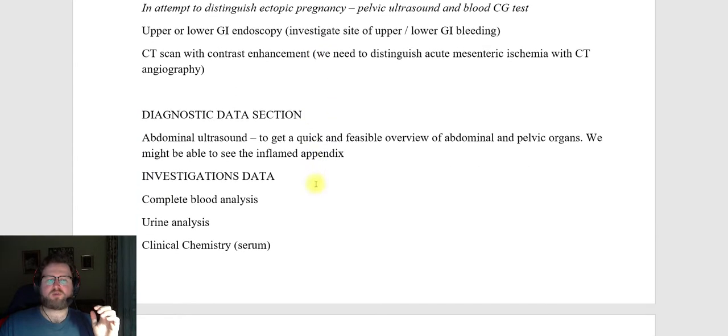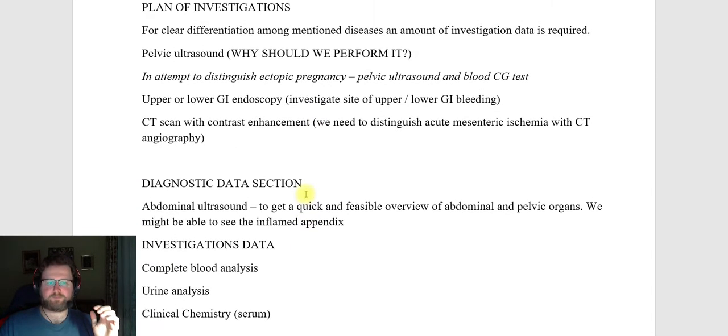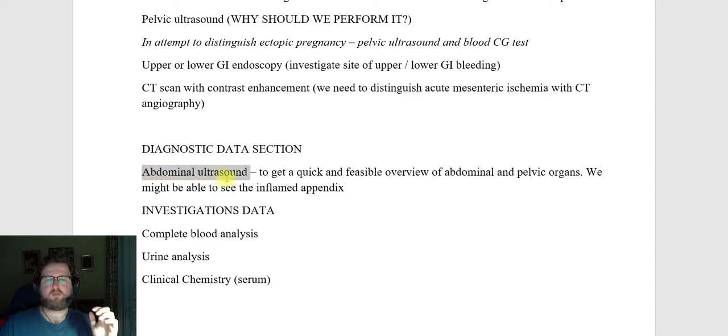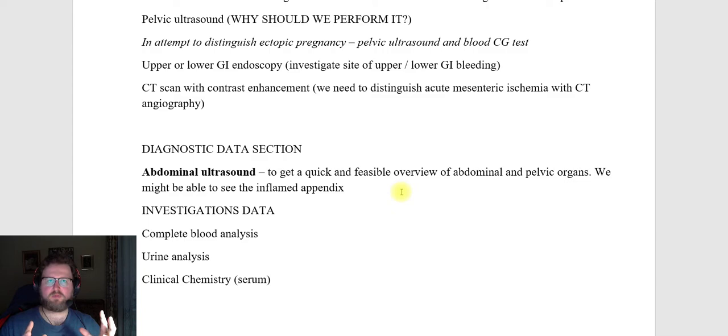So abdominal ultrasound can be a very effective and useful tool to assess the patient's status of his abdominal and pelvic cavity. But this is not enough.